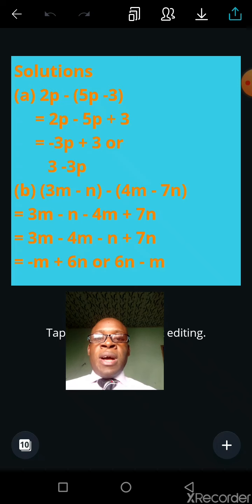Here we have 3m minus 4m will give us minus m, because 3 minus 4 will give us a negative 1. We come to n, minus 9n plus 7n. That means somebody is owing you 9 naira and comes to pay you and now gives you 7 naira. So minus 9n plus 7n will give you minus 2n. So we now have minus m minus 2n.